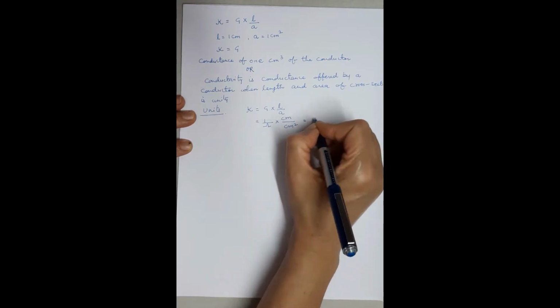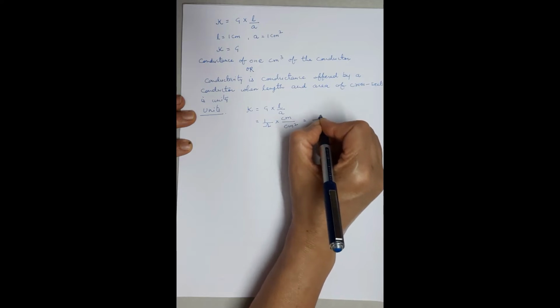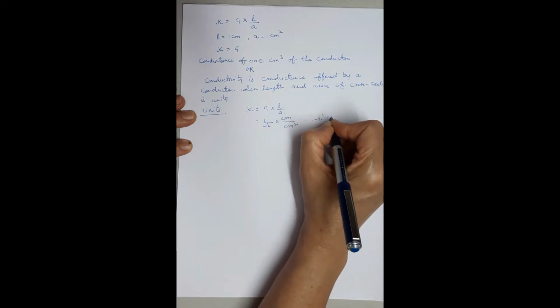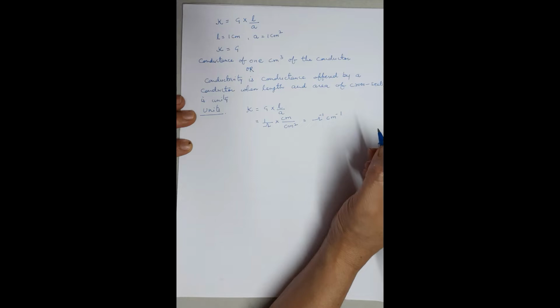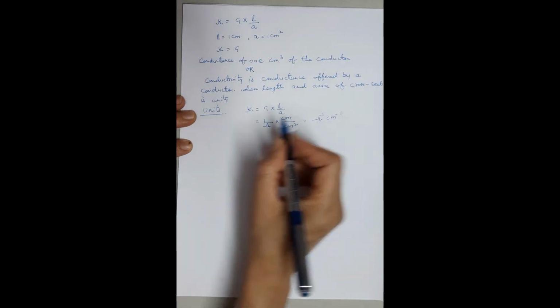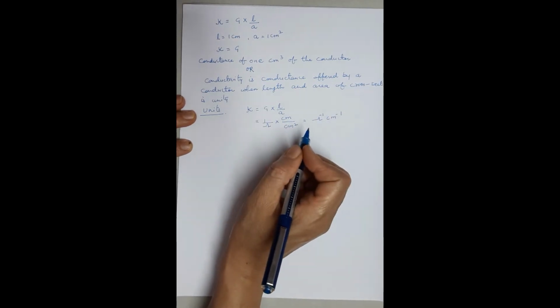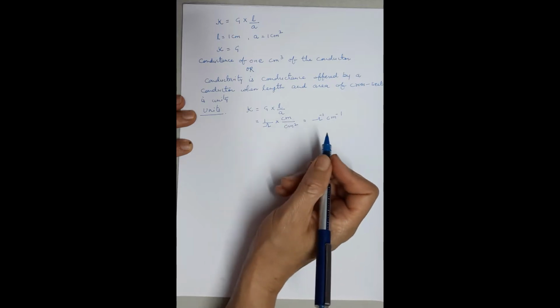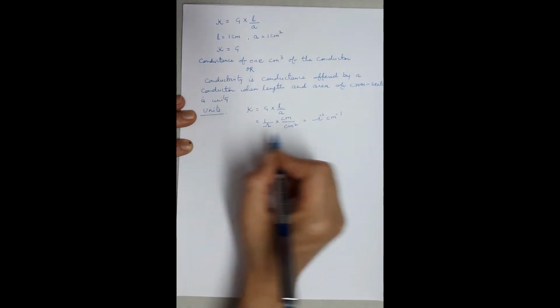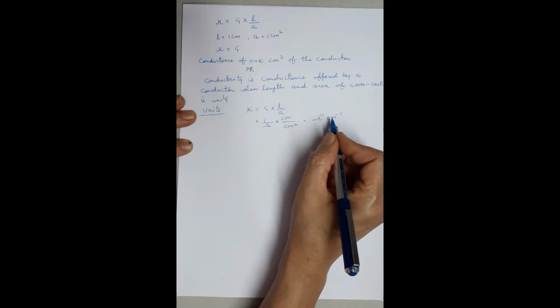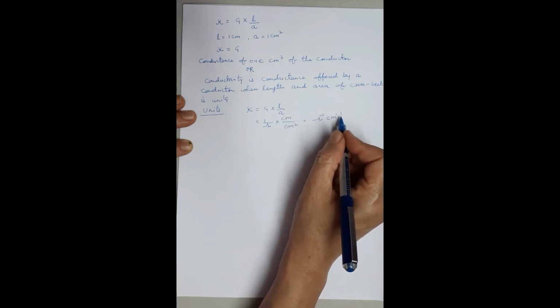So here it comes out to be ohm inverse centimeter inverse, which is the opposite of resistivity. What is the unit of resistivity? Resistivity unit is ohm meter, ohm centimeter, and inverse of ohm centimeter is ohm inverse centimeter inverse.